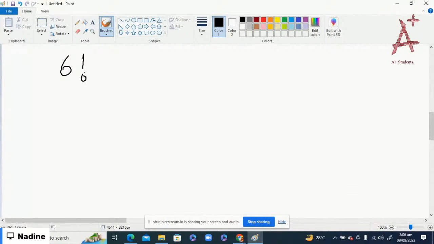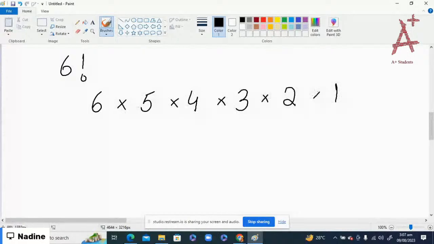Okay, how can we write this thing? First we're gonna write 6, then 5, then 4, 3, 2, 1, like counting back. Okay, 6, 5, 4, 3, 2, and 1. Now put the multiplication sign between them.